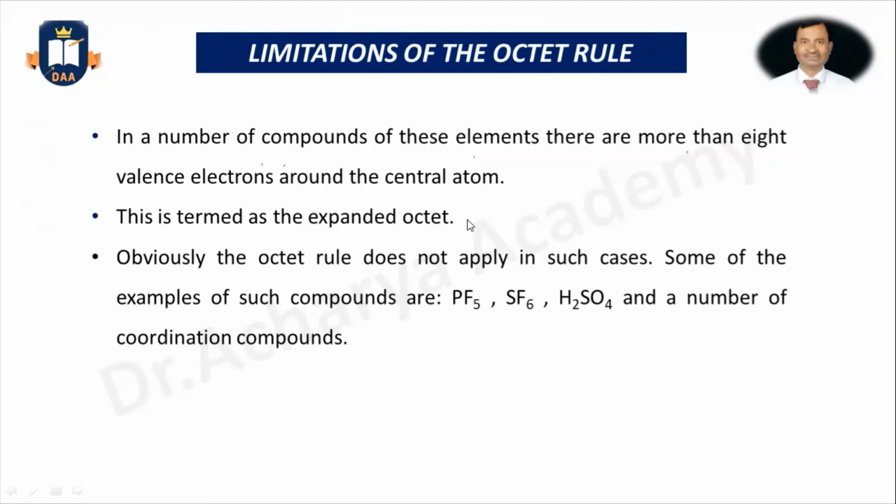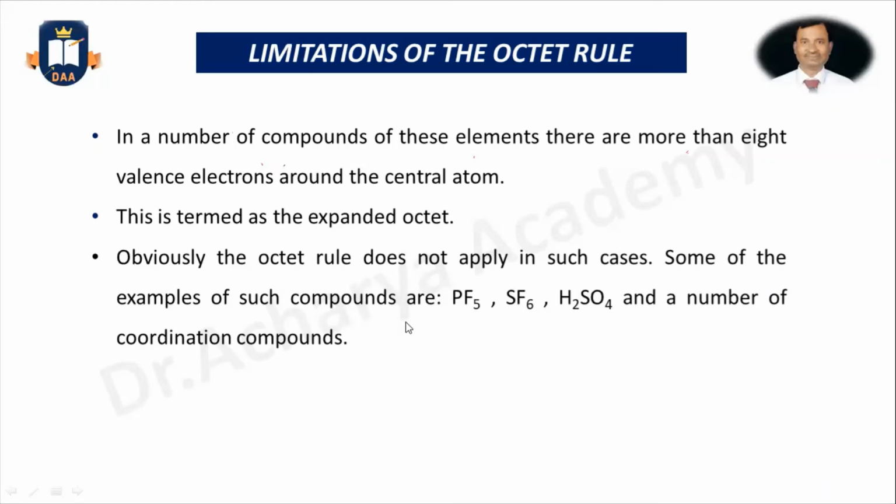In a number of compounds of the elements belonging to the third period, the atoms may have more than 8 valence electrons, and this fact is termed as the expanded octet. And in this case also the octet rule does not apply.